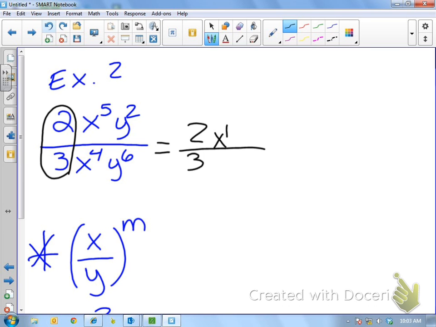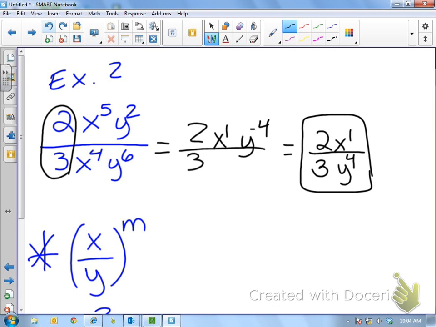We subtract again. 2 minus 6 gives me negative 4. But I am not done because I have a negative exponent. So 2, 3, x to the first, those will not change. So we just move only the y to the negative 4 to the bottom, as I think Colton said also. And that would be our final answer for this one.